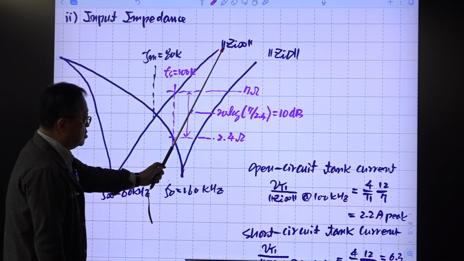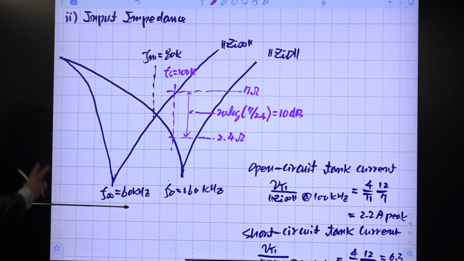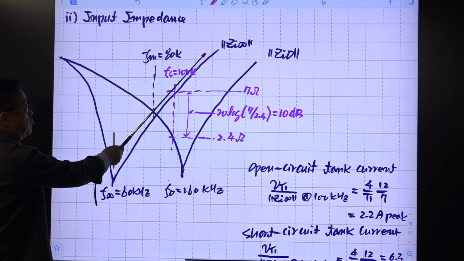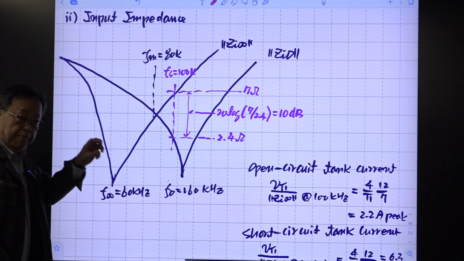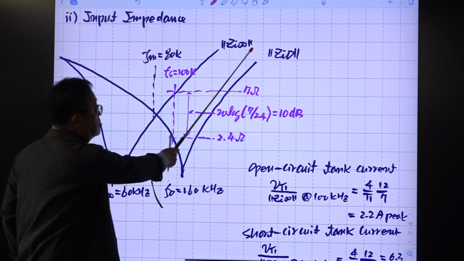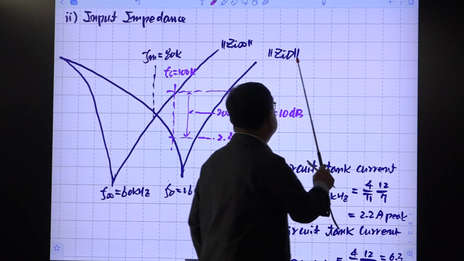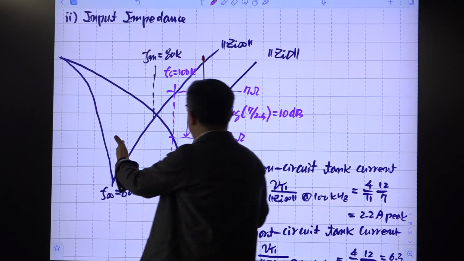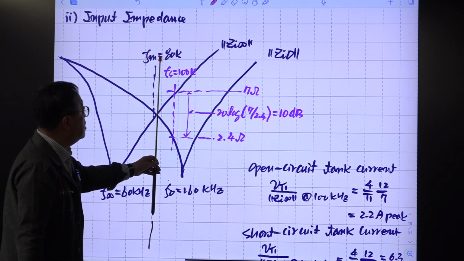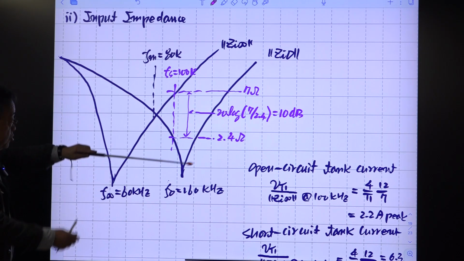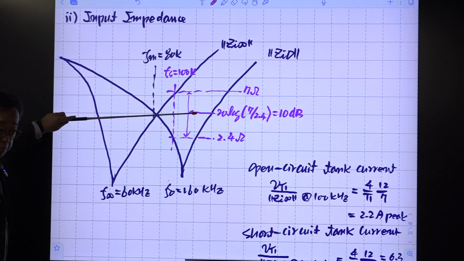This frequency is the resonance between C and LS, and this is the resonance between C and LS plus LP. So we have some difference, and this is the frequency at which all the input impedance curves merge together and pass through this pinhole.